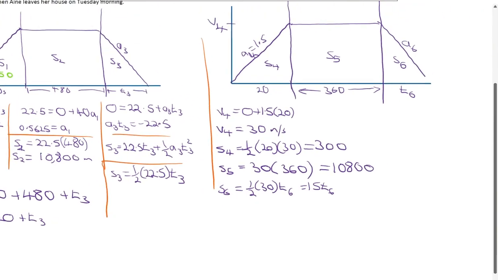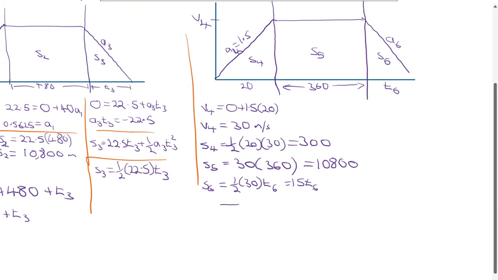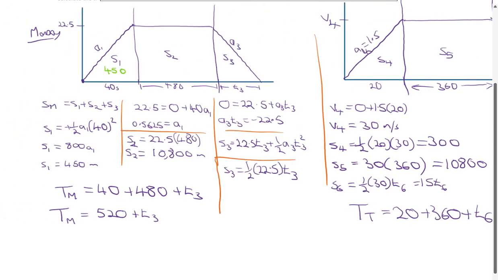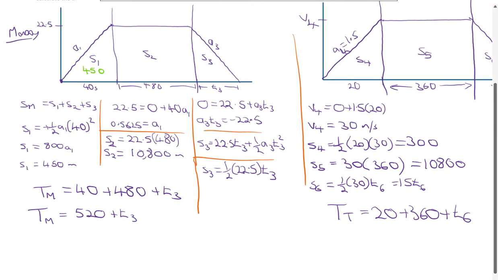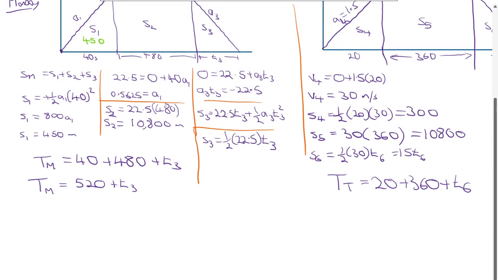Okay. So what do we know? We know the time on Tuesday is 20 plus 360 plus T6. Oh, and we know that the Tm from earlier, so the time on Monday equals the time on Tuesday plus 140. Now I've sped through that, so do pause and go back and make sure you're happy.